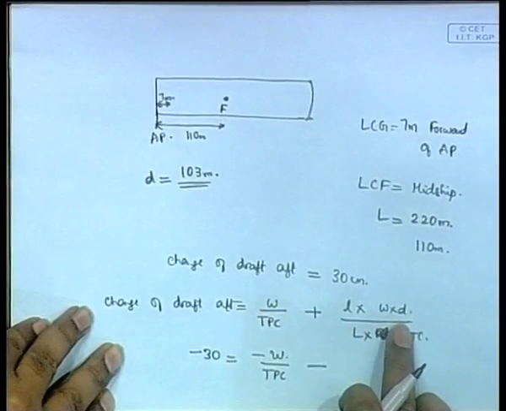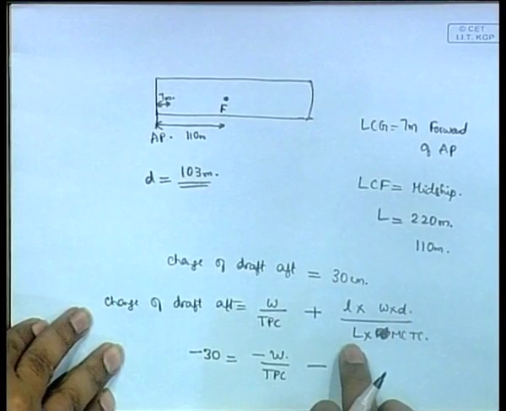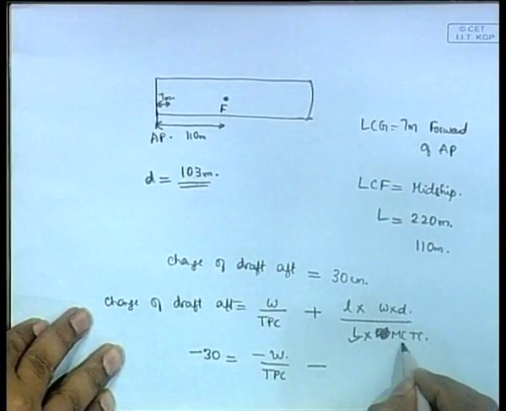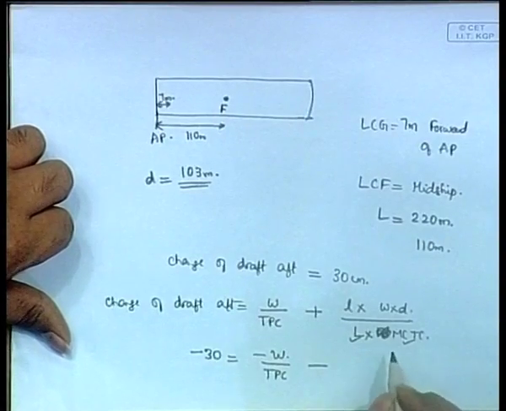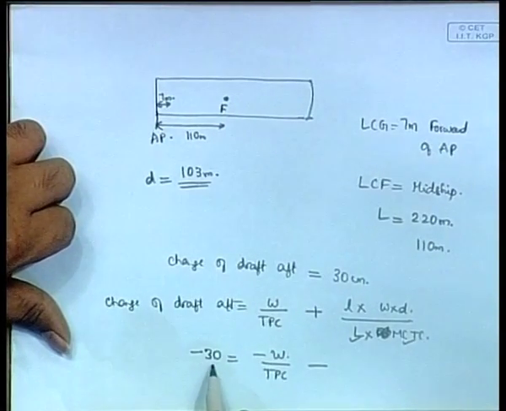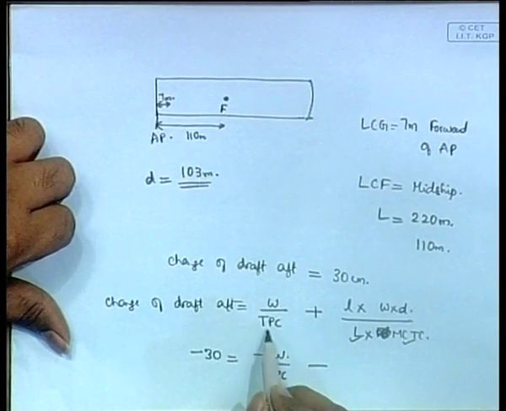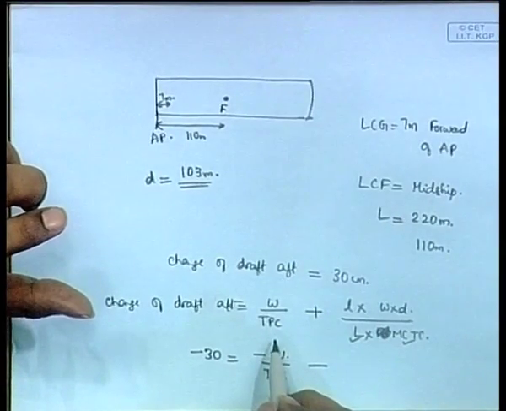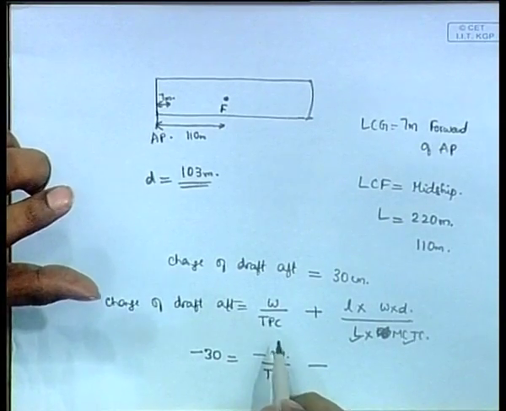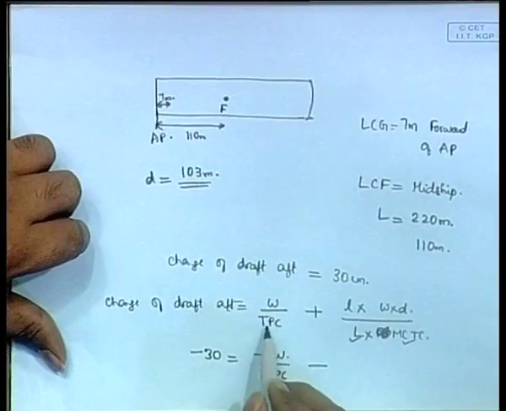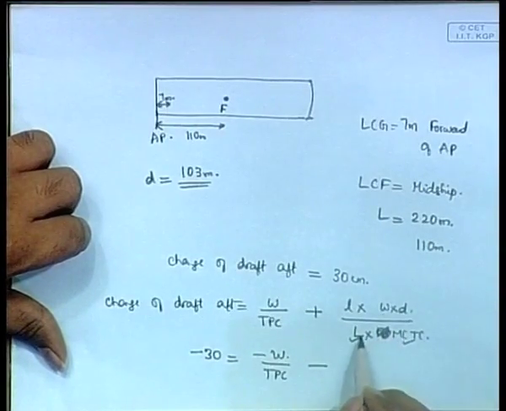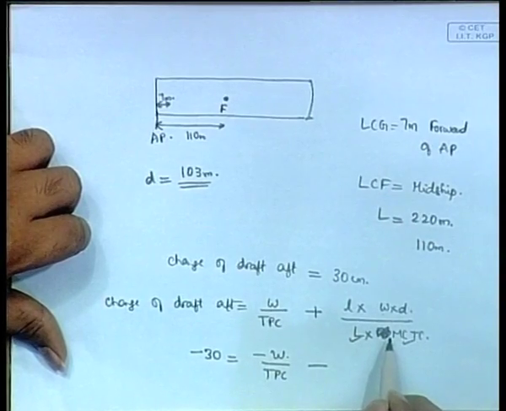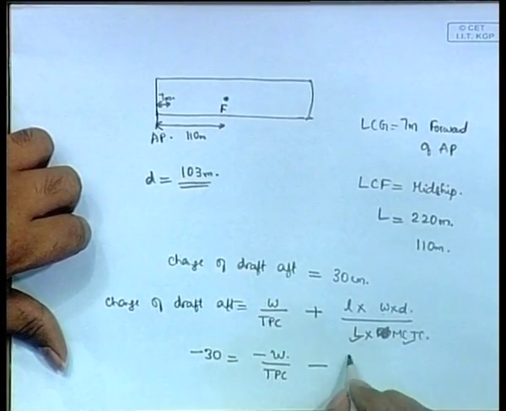If you look at the derivation, you will see that D is the distance from the center of flotation, L is the length of the ship, then MCTC is the moment to change the trim by 1 centimeter, and this has to be written in centimeters, because W divided by TPC will give you the sinkage in centimeters, not in meters, since TPC is tons per centimeter immersion. That is how TPC is defined. Similarly, l into W into D by L into MCTC will also give you trim in centimeters. So, you put 30 centimeters minus this thing.